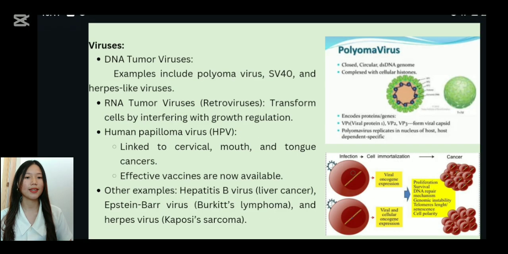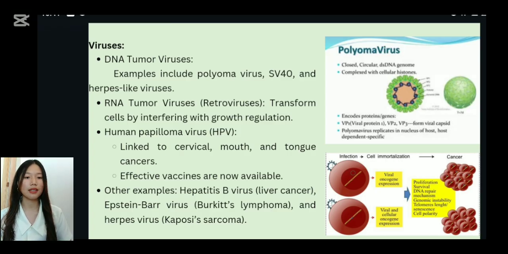So next is viruses can cause cancer. Which is pwedeng mag-lead or mag-trigger ng cancerous disease. So DNA tumor viruses can trigger changes in a DNA sequence which may lead to cancer. Ayan.